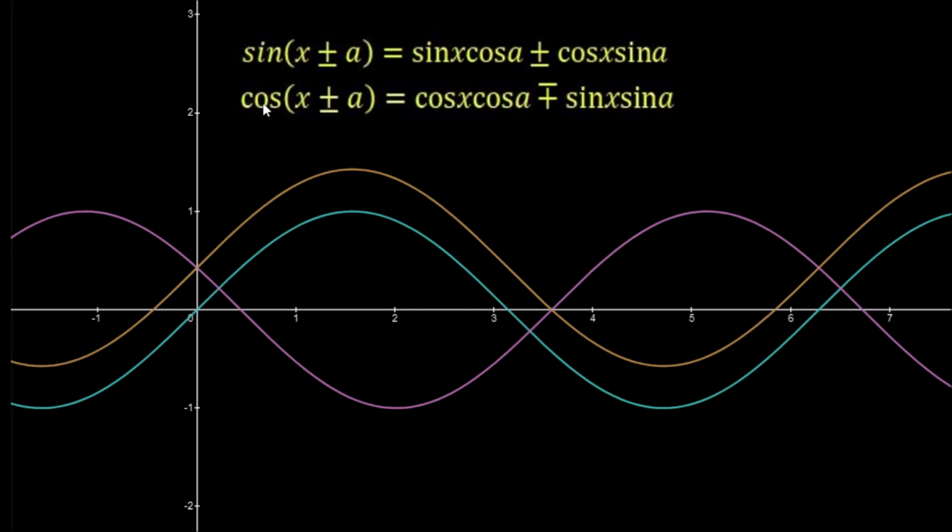And if we had cos of x minus a, then this is the same as saying cos of x cos of a plus sine of x sine of a. So there's actually two equations here. Although we've only shown two of these equations, there are actually four of them whenever you take care of the plus and minus signs.